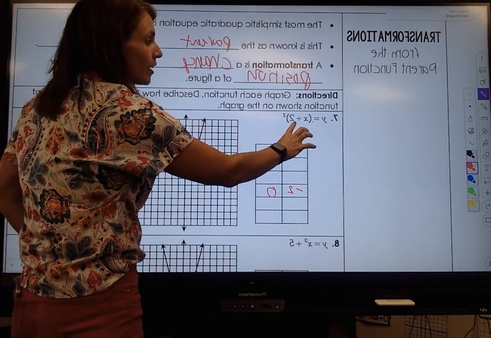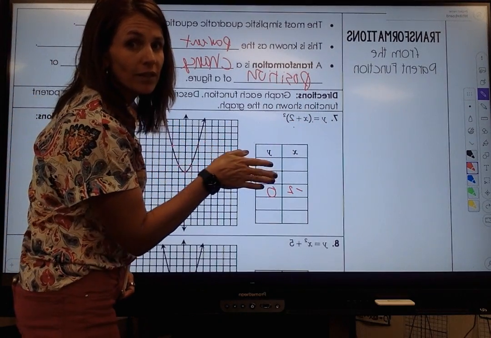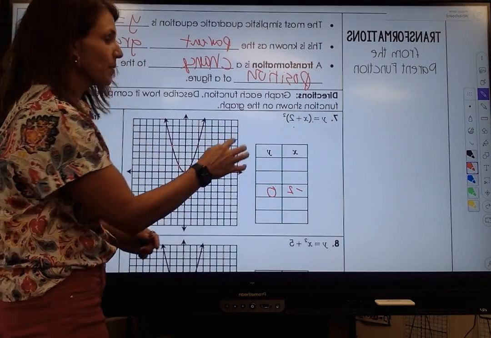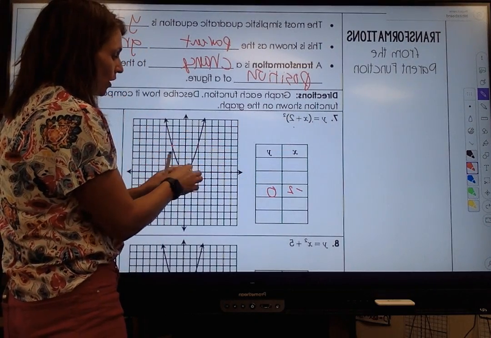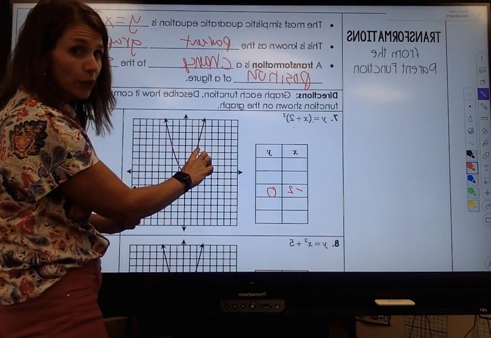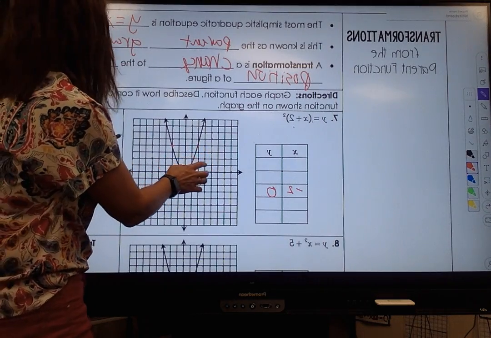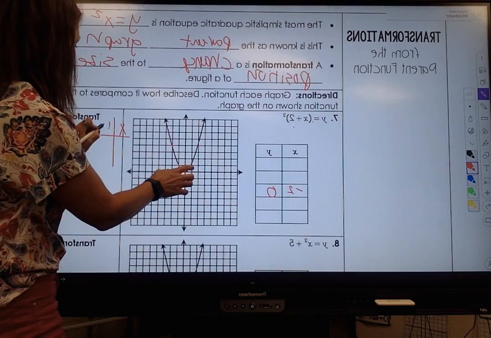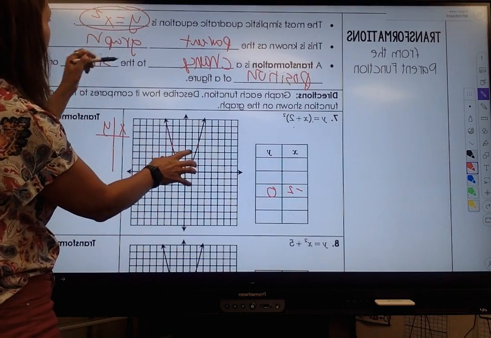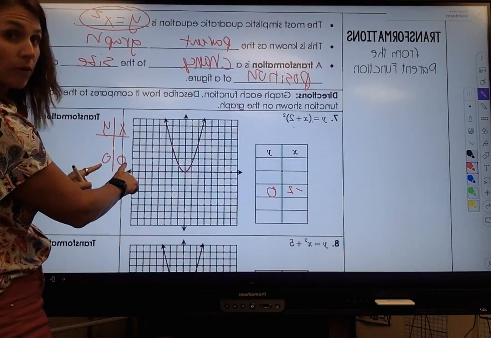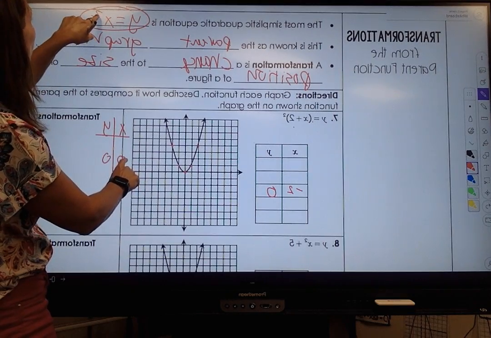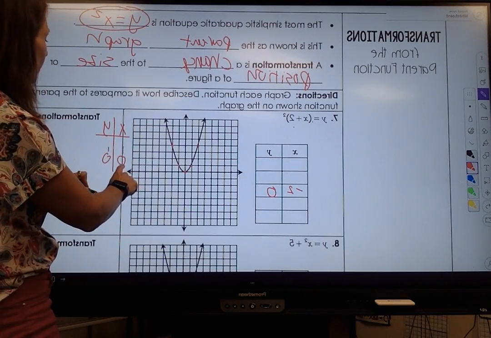And I know that it is shifting 2 units to my left because it's the opposite. You would think positive, but remember it's the negative. All these points are located on the parent graph. If you were to literally draw a graph, and I graphed y equals x squared, when x is 0, 0 squared, y is 0. Okay? When x is 1, 1 squared is 1.